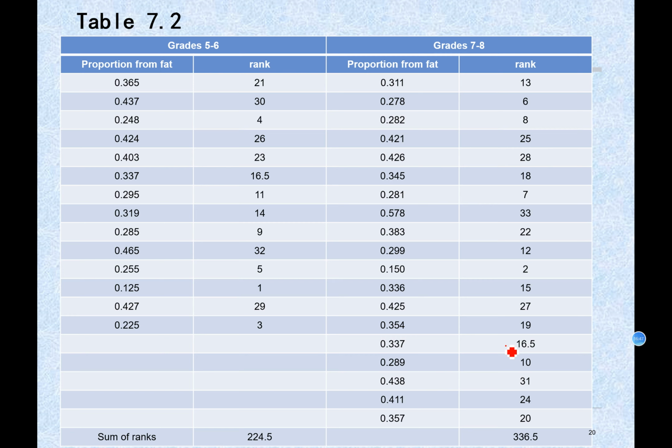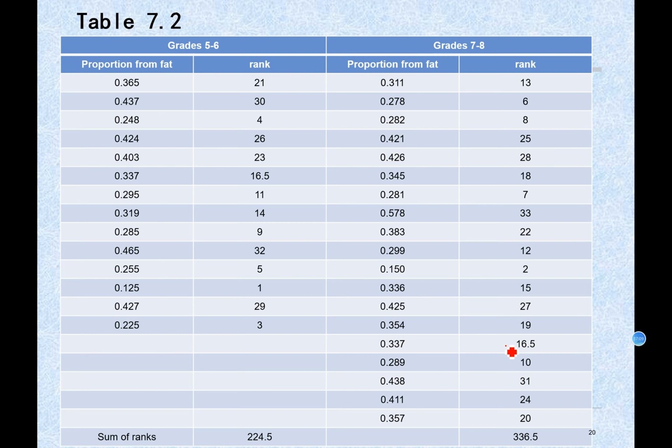So that means we need to put all the numbers together and then order them. So here we put all of the numbers from group 1 and group 2 together, and among all the numbers we need to rank them from the smallest to the biggest.